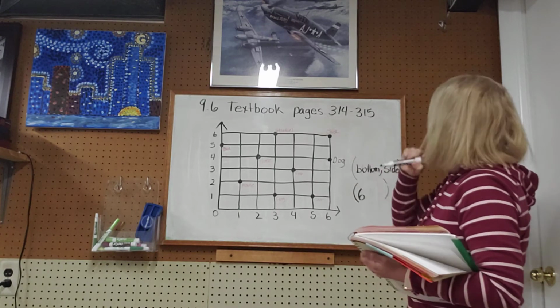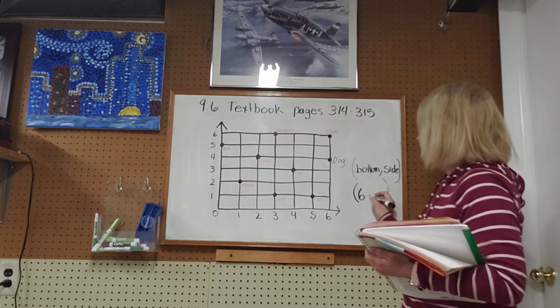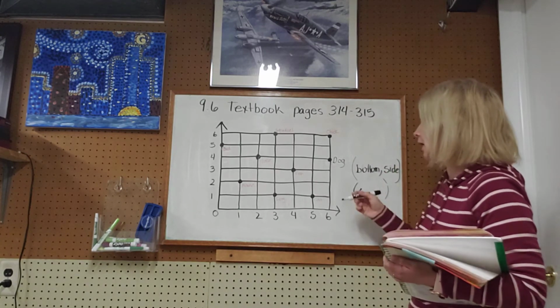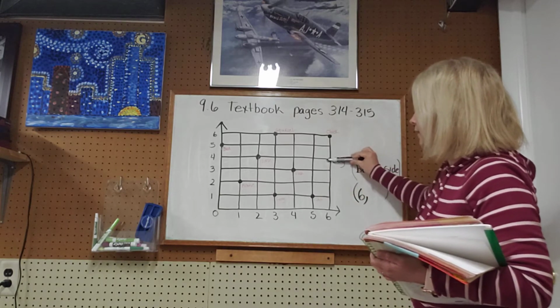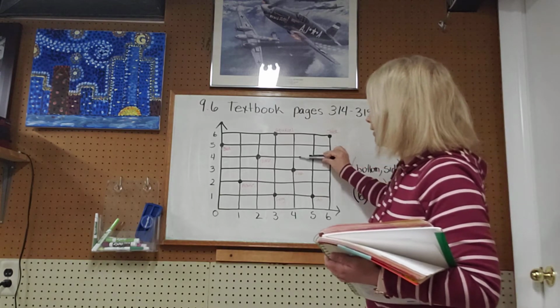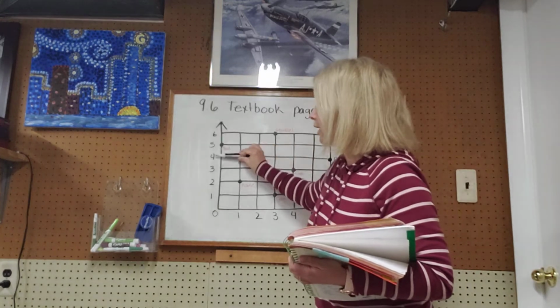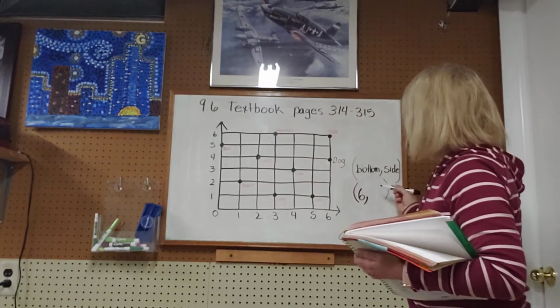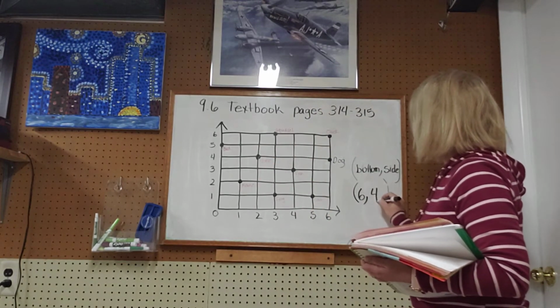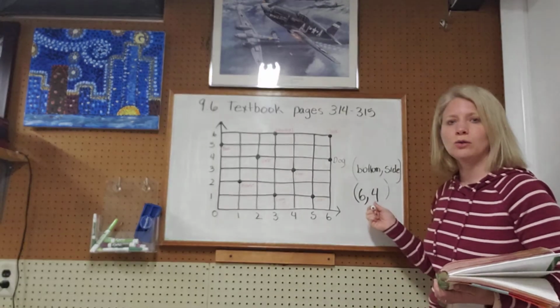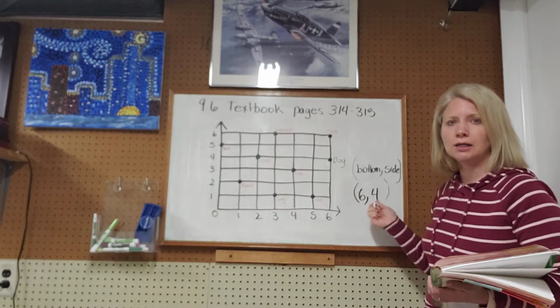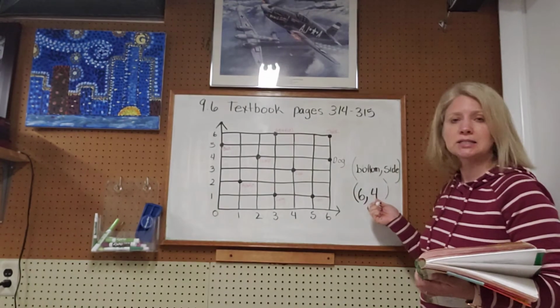Now we have to go to the side to find the second number. Remember, there's always a comma in there. Now the dog, and then let's go this way. Follow that line that the dog is on, and we reach a 4. So the second number is 4. So the ordered pair, or the coordinates of the dog, is 6, 4.